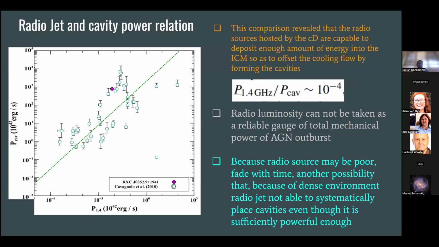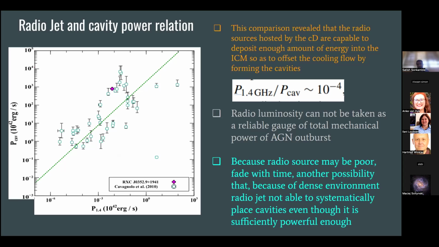So another correlation is the radio jet and cavity power relation. It also shows a scatter of order 10 to the power 4 orders of magnitude, or even sometimes 5 orders of magnitude. So the power of a cavity, or the radio source, is sufficient to create a bubble and offset the cooling.